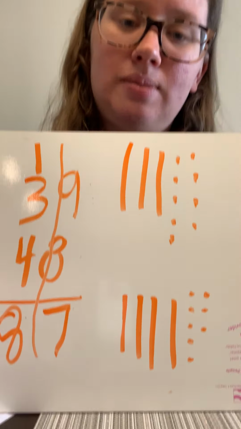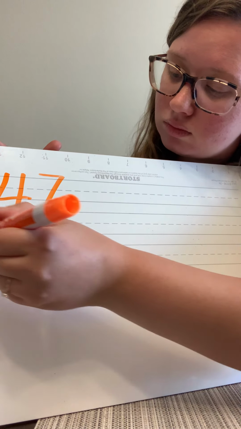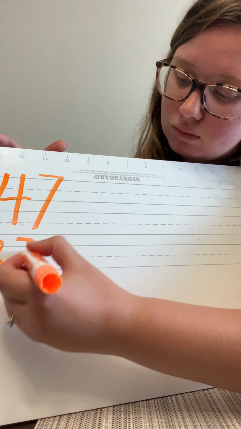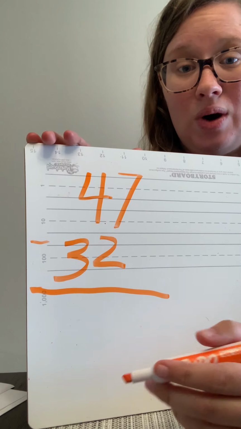So our red number is going to be smaller. So we have to take 47, take away 32. How many photos are in the red album?